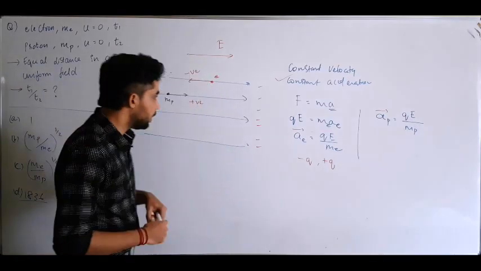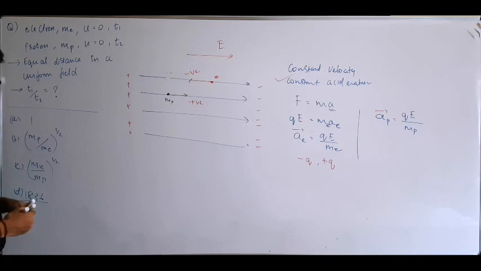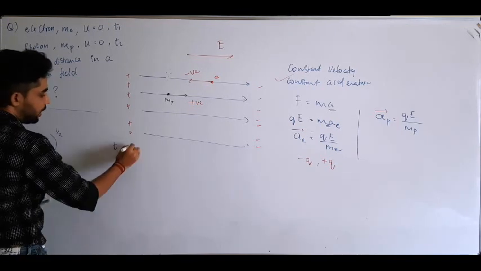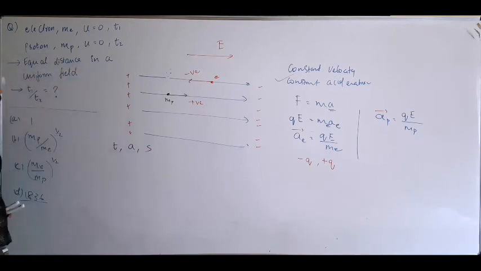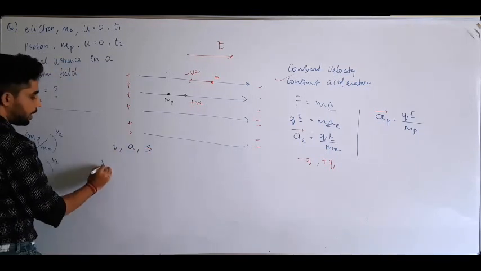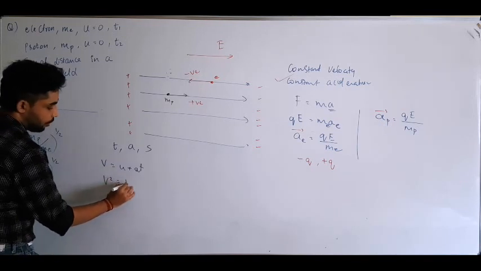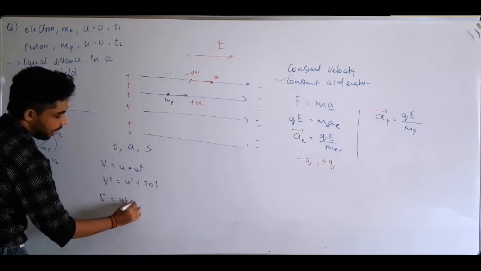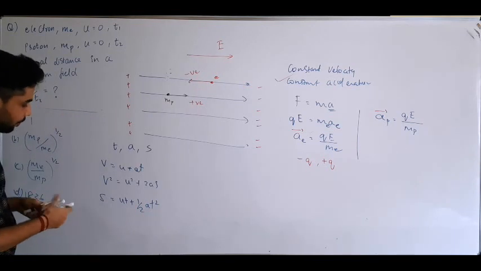Okay, now in the question they have asked us to find the ratio between t1 and t2, and I've already got the acceleration. So basically I need to find a relation between t, a and distance, because here they have told us it is the same distance. Out of the equations of motion, that is v is equal to u plus at, v square is equal to u square plus 2as, and s is equal to ut plus half at square, the appropriate one is the last one.